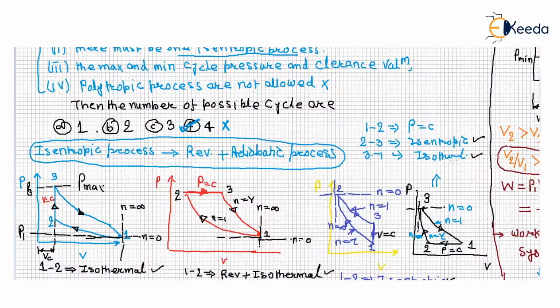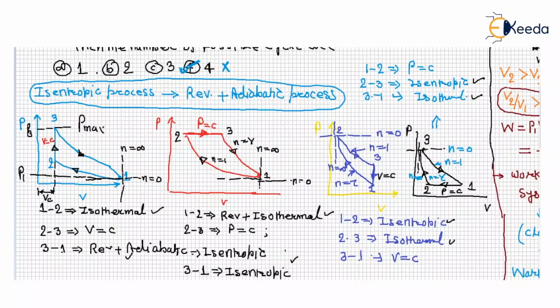But see, in this cycle, what is that? Volume constant. That means isothermal, volume constant, isentropic. Isothermal, pressure constant, and isentropic. But these two are the repetition of these. This is also isentropic, isothermal and volume constant. This is also isentropic, isothermal and pressure constant.